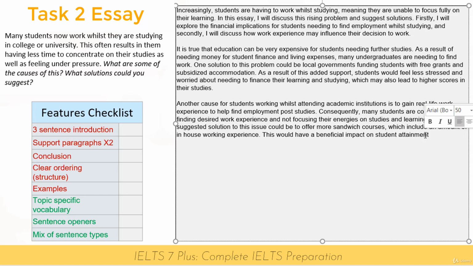For example, if student attainment was high, it meant that many students were passing. So this would have a beneficial impact on student attainment, as learners could focus on their courses at all times.